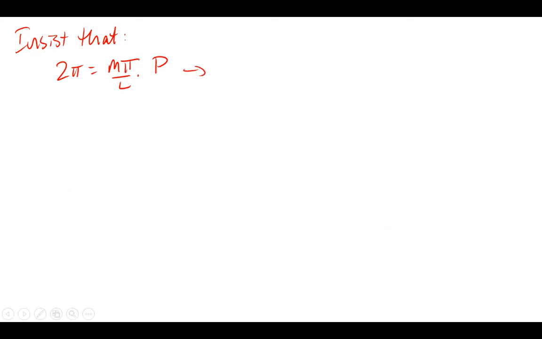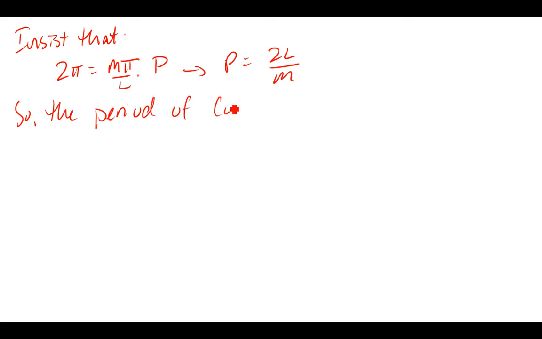If I move some stuff around, dividing by pi, I get P is 2L over m. So that's the period of cosine m and sine m: 2L over m.